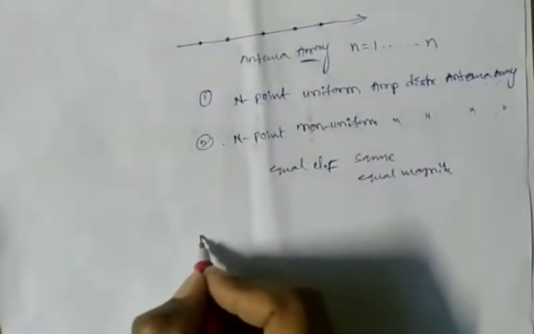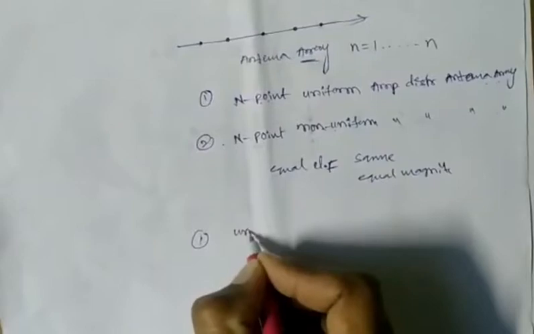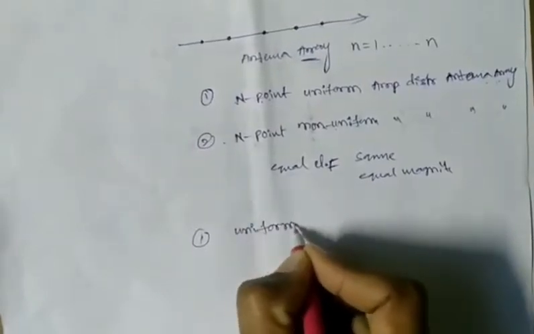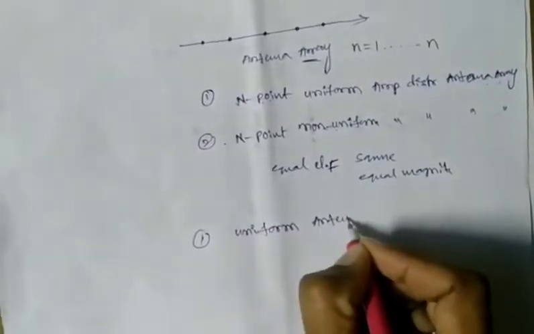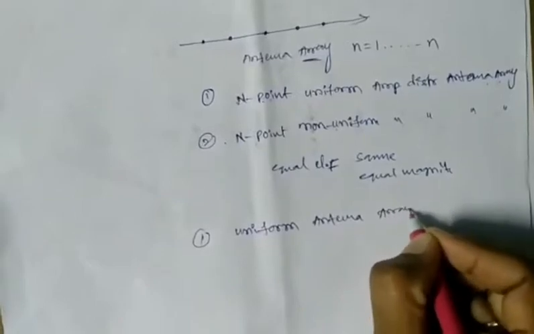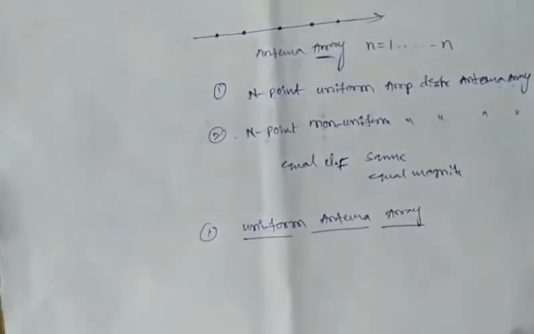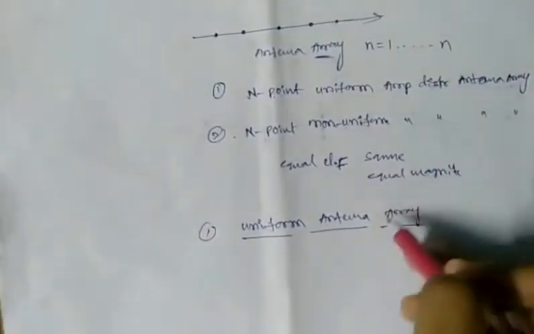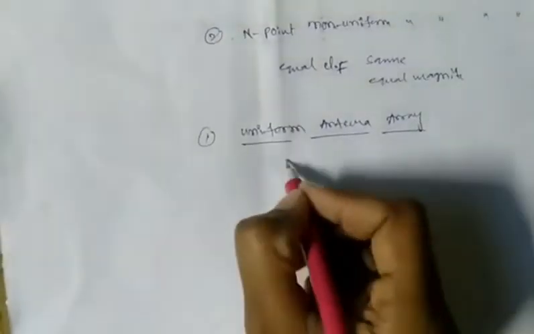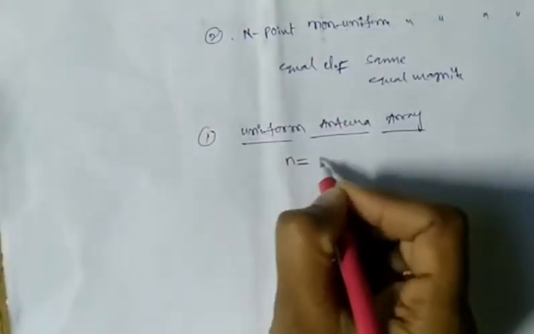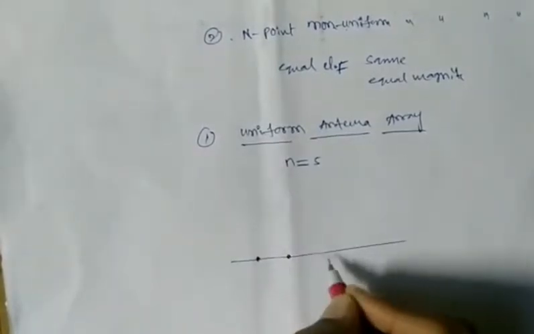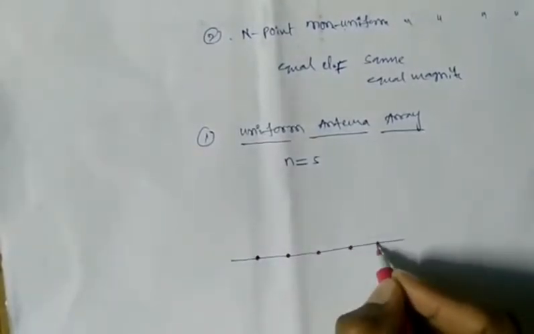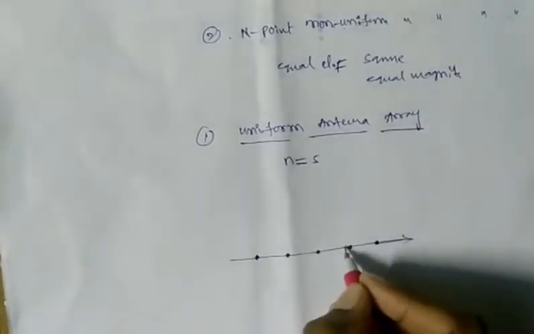First I am taking the uniform antenna array and seeing an example of it. In this uniform antenna array I am taking the number of radiating elements as 5. Means in the antenna array I am using 5 antenna elements or radiating elements.